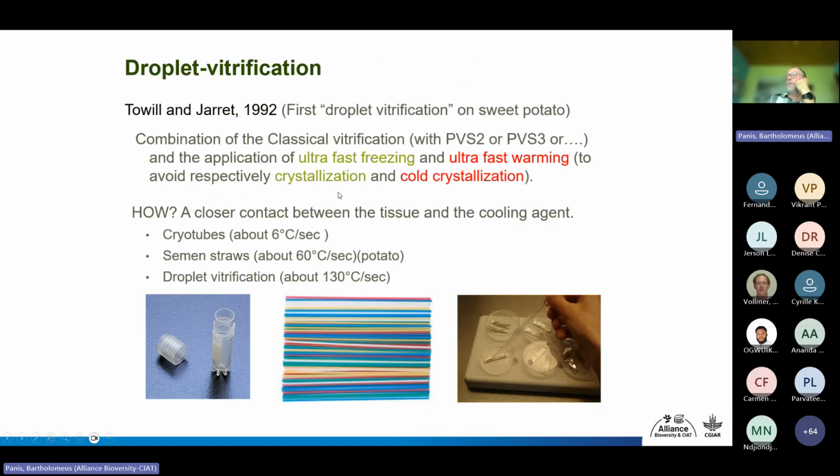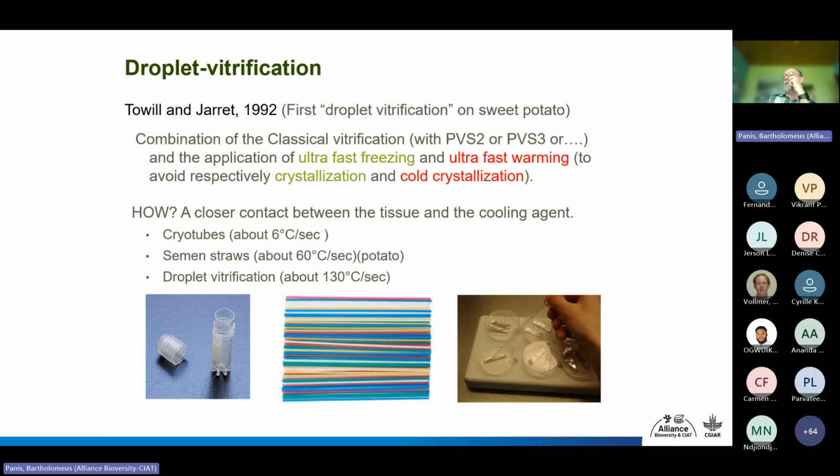It is a combination of vitrification, with PVS2 that I explained before, in combination with the application of ultra-fast freezing and ultra-fast warming rates. I explained already in the beginning of my talk that this ultra-fast freezing is ultra important to avoid ice crystal formation.